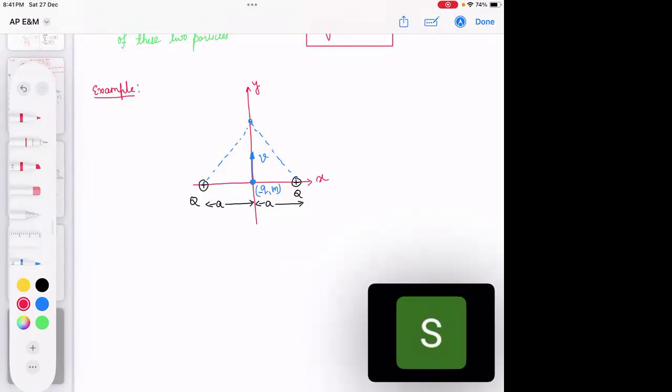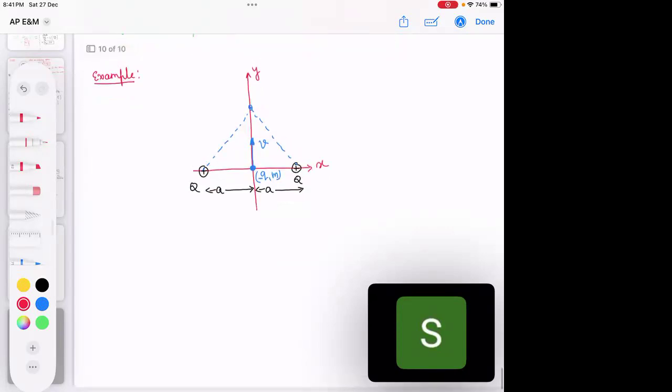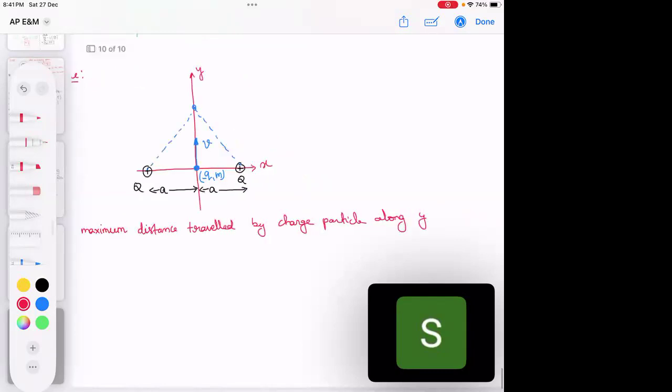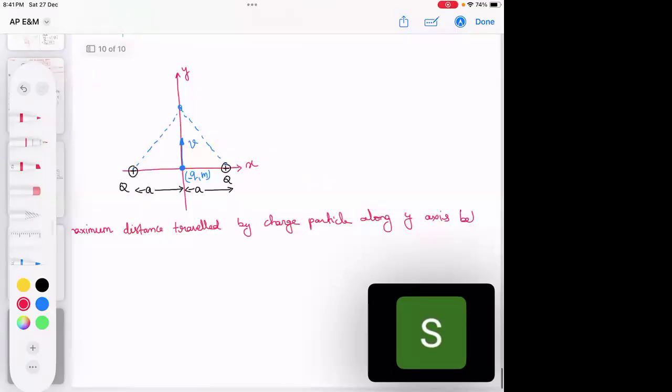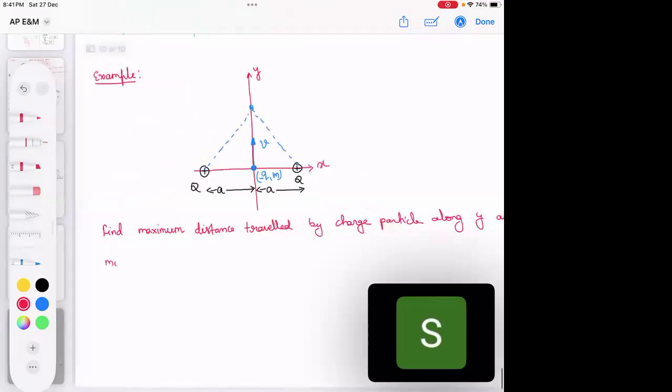So we have to find out in the question the maximum distance traveled by the charged particle along the y-axis before momentarily coming to rest.